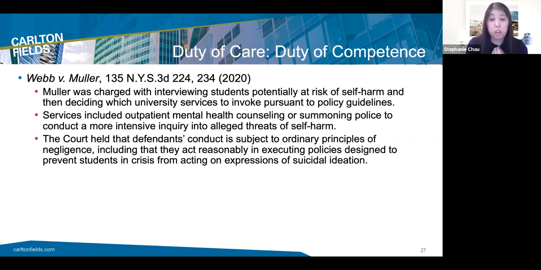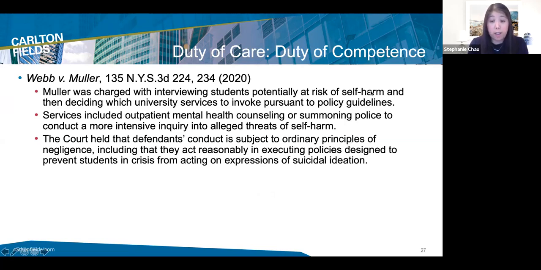There, Mueller, the practitioner in this scenario, was charged with interviewing students potentially at risk of self-harm and then deciding which university services to invoke according to policy guidelines. That could mean anything from outpatient mental health counseling or contacting the police to conduct a more intensive inquiry and to look into the threats of self-harm.